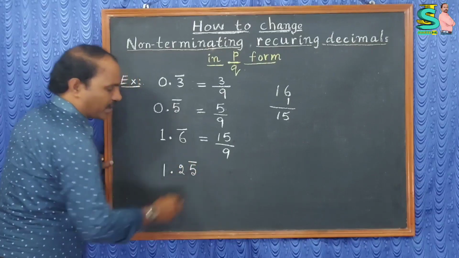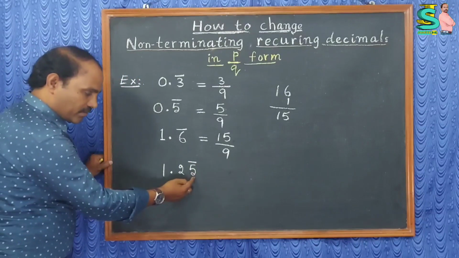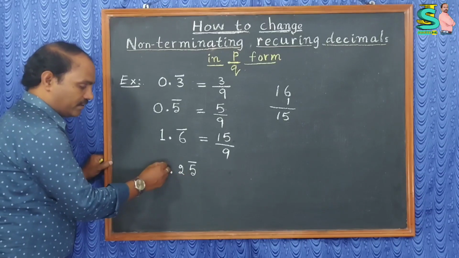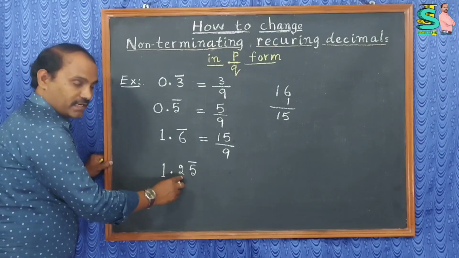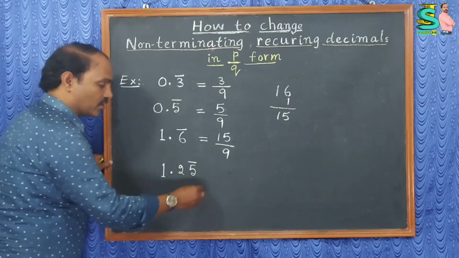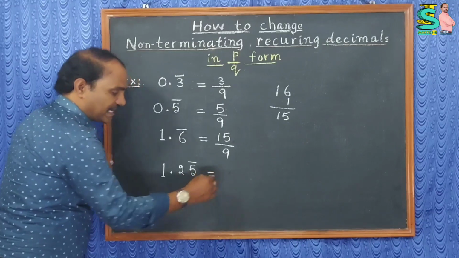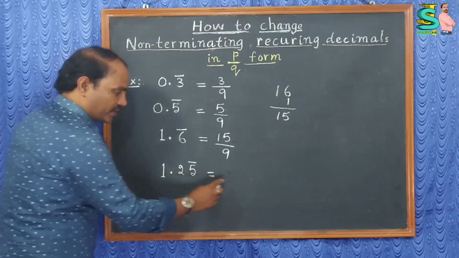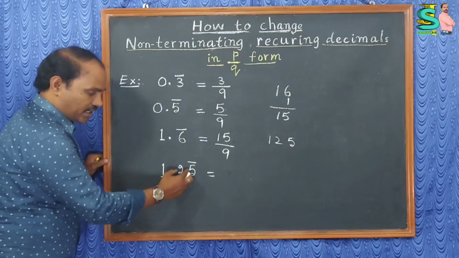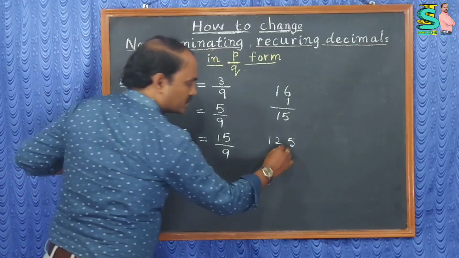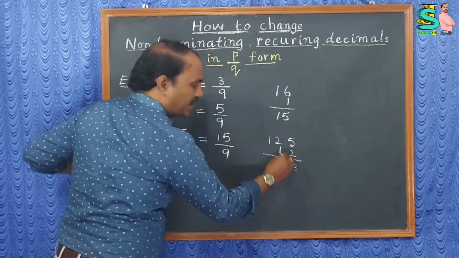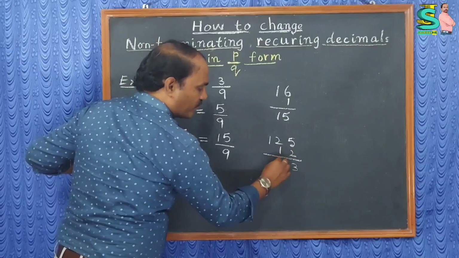Now what about 1.25 bar? Here after the decimal point one digit is there which is not under the bar, and one digit under the bar. So how can we write this one in seconds? First you should write 125, and subtract the digits which are not under the bar, 12. 5 minus 2 is 3, 2 minus 1 is 1, here 1.